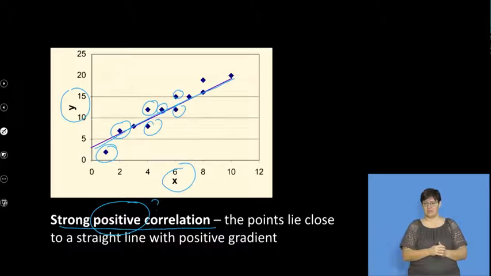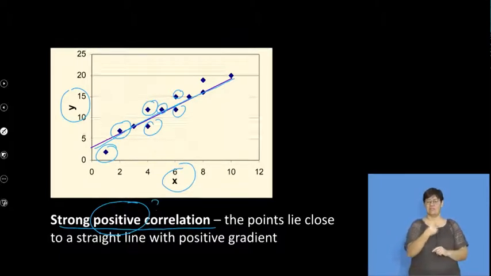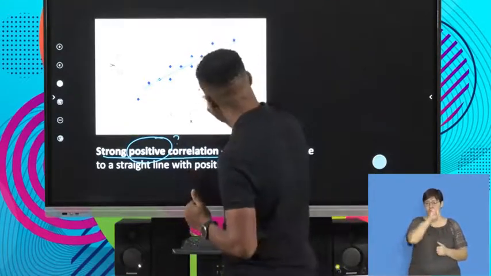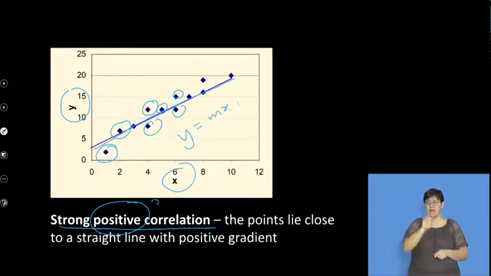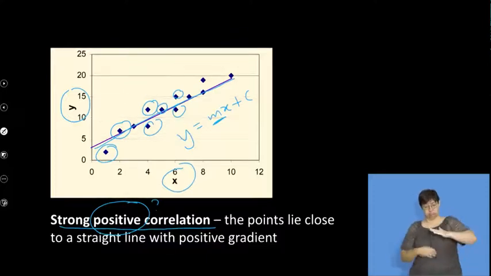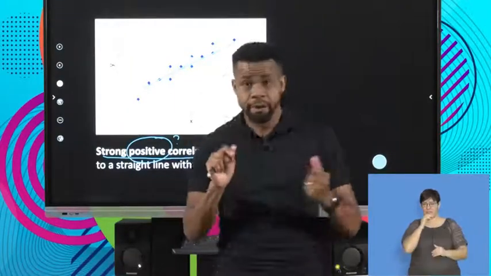The strong positive correlation. So when we talk about positive, if you look at the straight line, you can think of the equation of a straight line, which is y equals mx plus c. If you remember that, m is the slope or the gradient, okay? This does not mean this is the equivalent line, I'm just giving you an example.